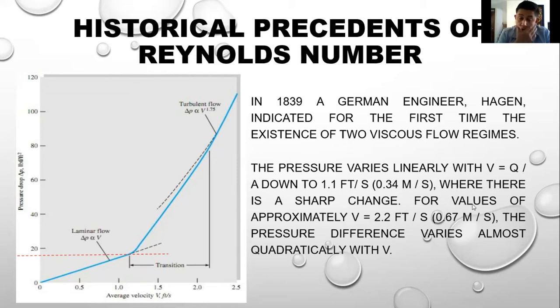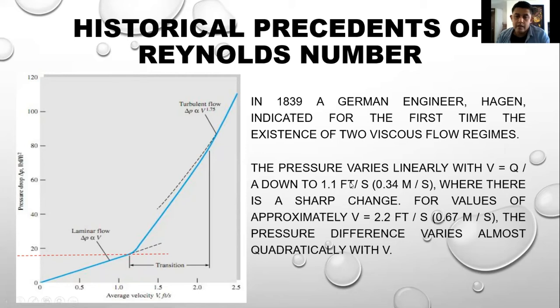For practical applications, if the Reynolds number is less than 2000 the flow is laminar, above 4000 it's turbulent. Between 2000 and 4000 it is very difficult to determine which flow it is, the critical region.